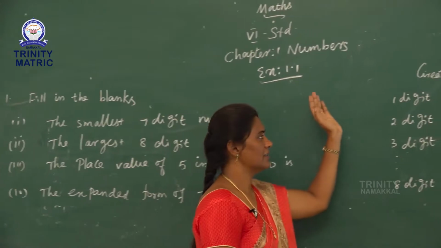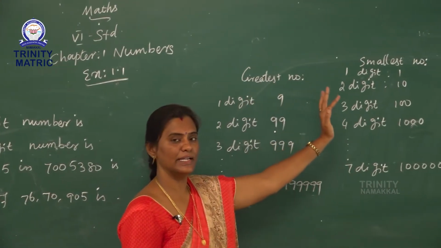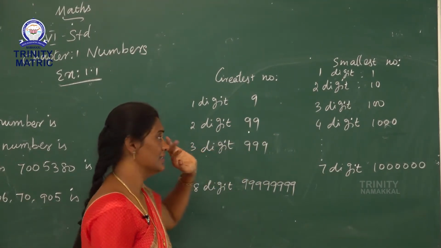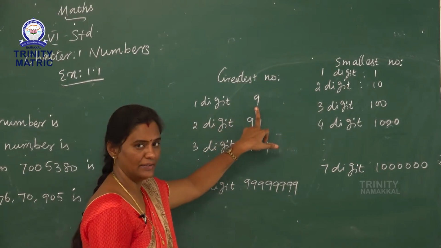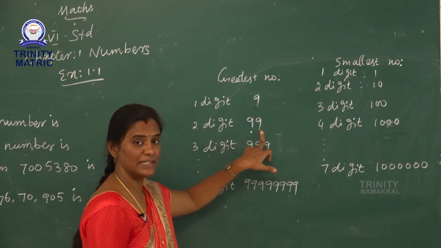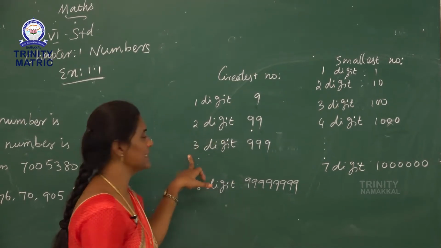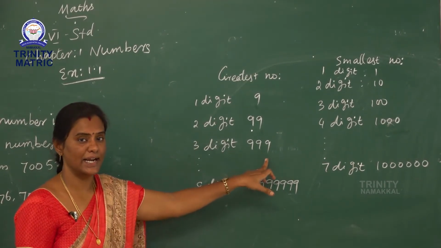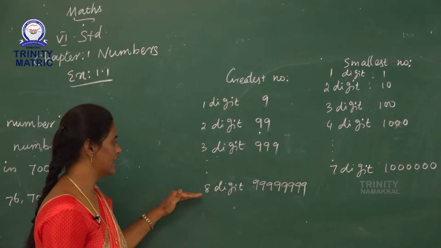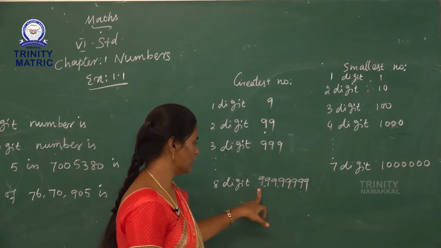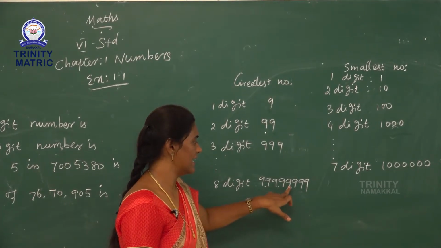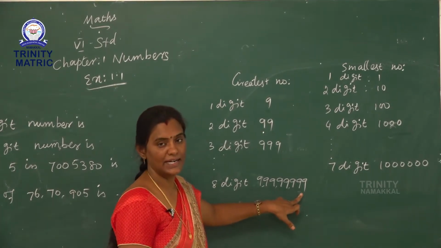Next we are going to see exercise 1.1. Before that, let us recall the greatest and the smallest number. Already we know that the greatest 1 digit number is 9, the greatest 2 digit number is 99, the greatest 3 digit number is 999. Like this, the greatest 8 digit number is 9,99,99,999.